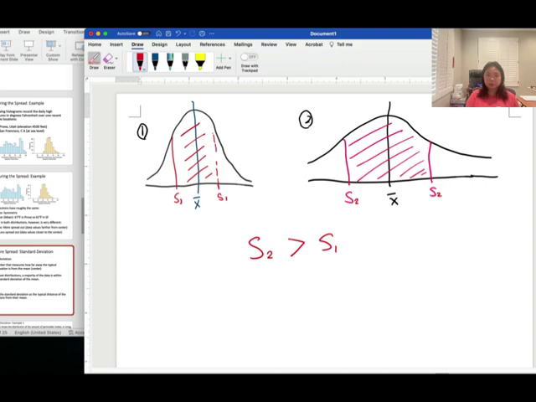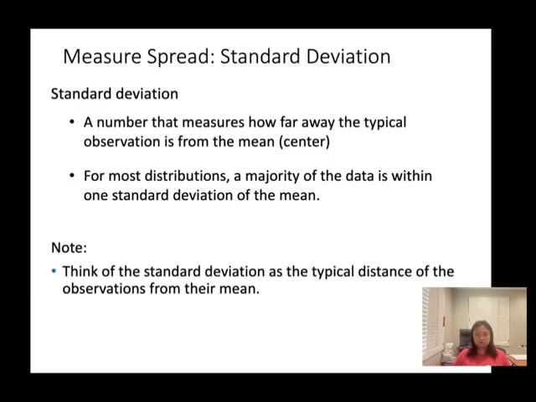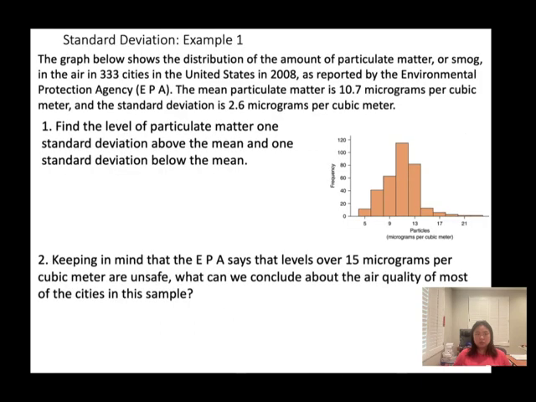Let's go back to the PowerPoint. Look at this example. The graph below shows the distribution of the amount of particulate matter, or the smog, in the air in 333 cities in the United States in 2008, as reported by the Environmental Protection Agency.